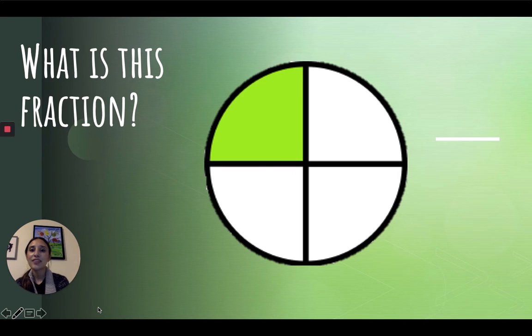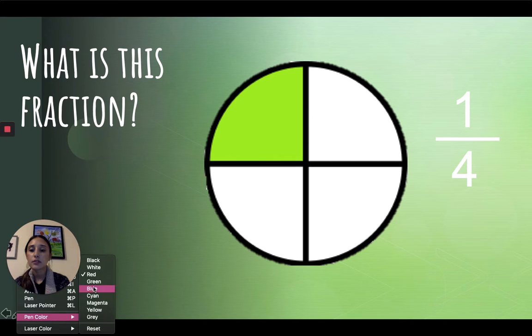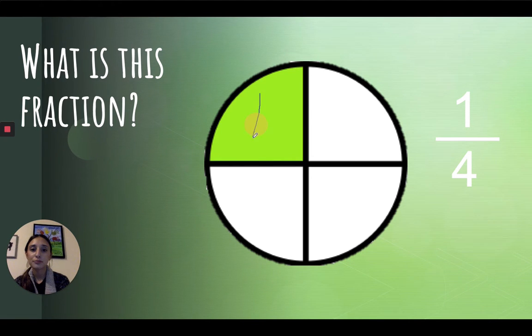All right, so go ahead and think about what fraction this is, and I want you to look at the green piece. What is the green piece showing us? Yeah, so the green piece is showing us 1/4. I know that because I have this part that's green.